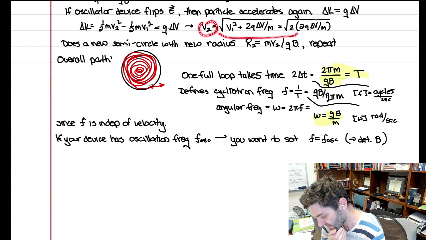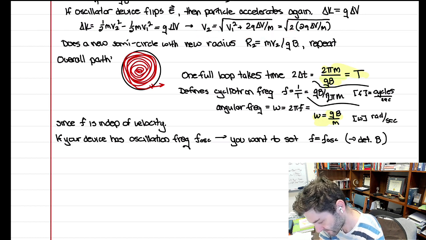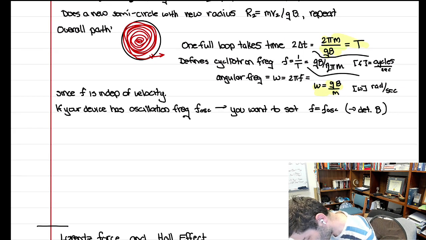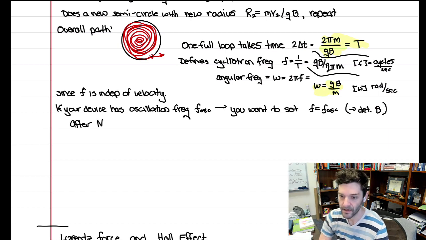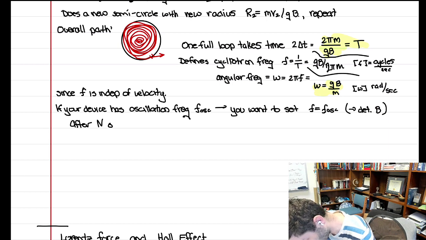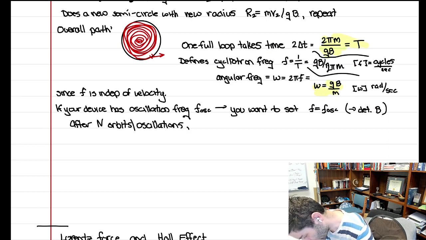You can imagine that this can generalize, that this 2 becomes a 3, a 4, a 5, etc. So after n complete oscillations, or maybe I'll just say n orbits, you underwent 2n boosts.